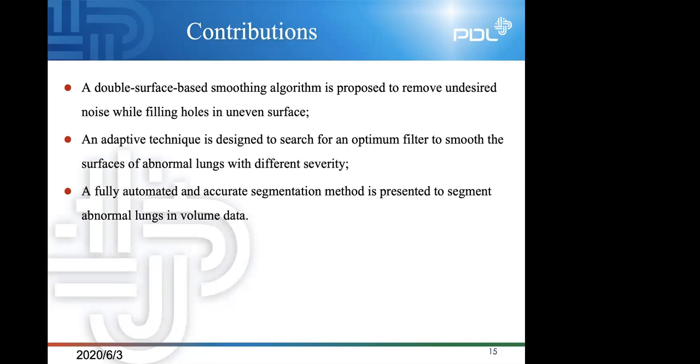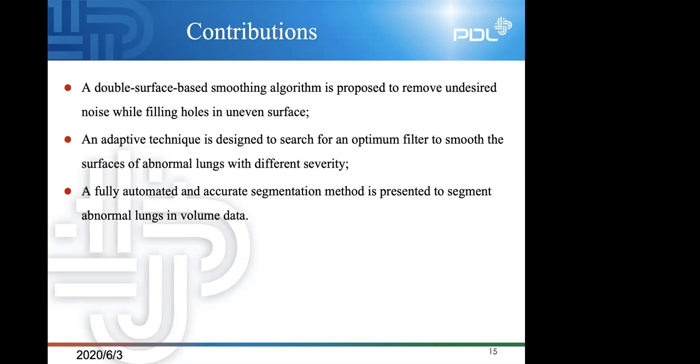Also, we presented a simple and effective surface smoothing method called double surface-based smoothing for abnormal lung segmentation. Our method can remove noise while filling holes to smooth the lung surface.